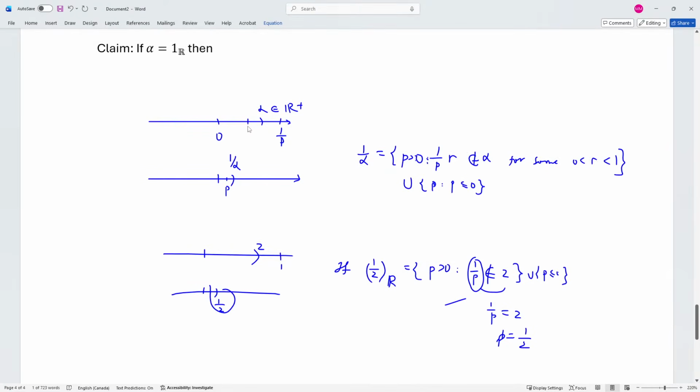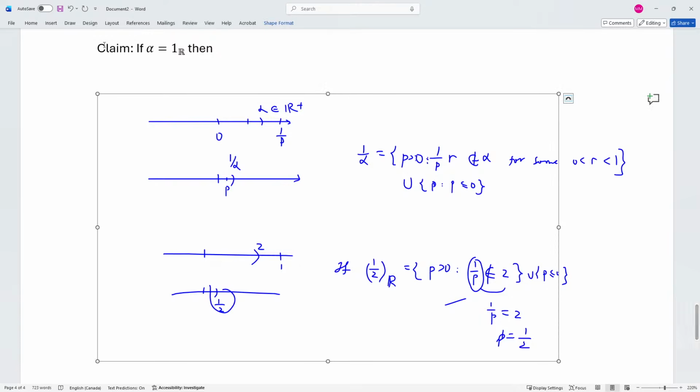If we can get a contradiction, then alpha is equal to R. You mean alpha is equal to Q?